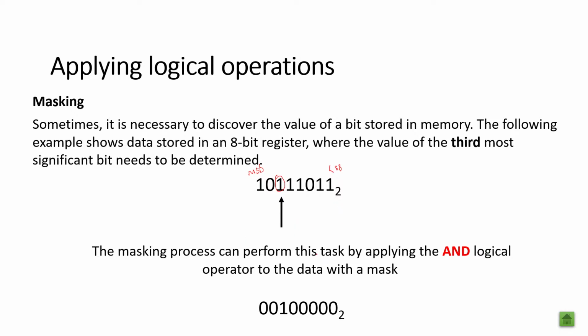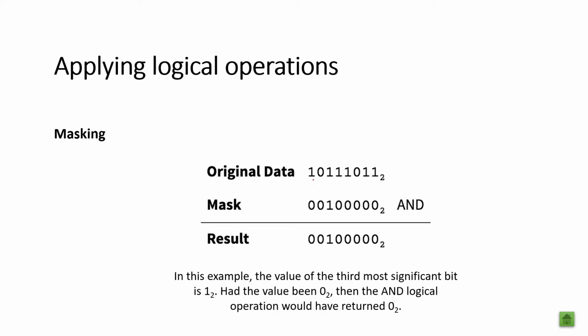So the masking process can perform this task by applying the AND logical operation with the mask. So if I take this information here, the original data, I apply my mask looking for the third 1 bit. Then I AND them together.